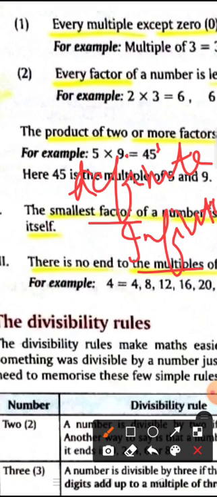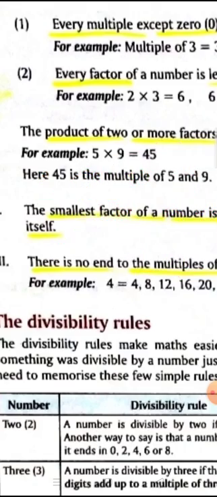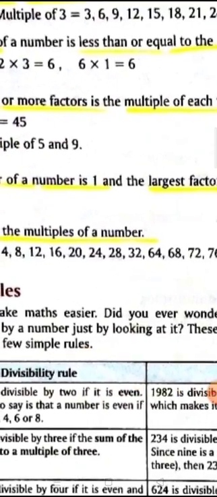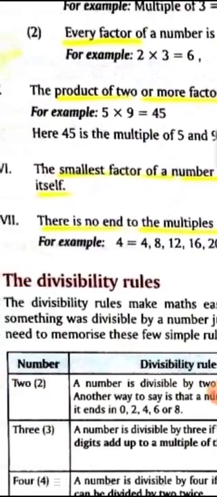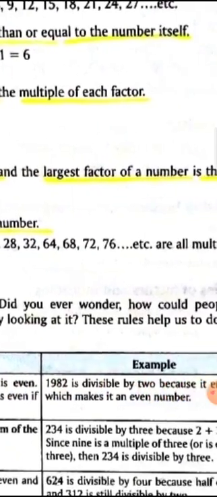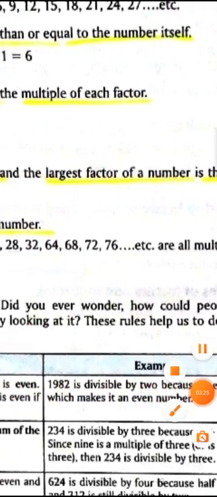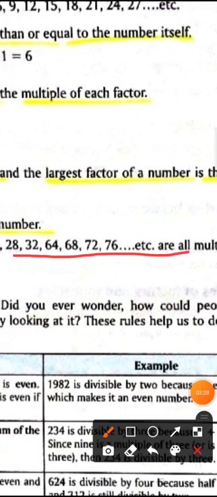The table has no limit, but a factor has a limit. Smallest is 1 and the largest is the number itself. There is no end to the multiples of a number. I have already explained to you. Here you have seen the table of 4. It goes and goes and goes. It means it's infinite.